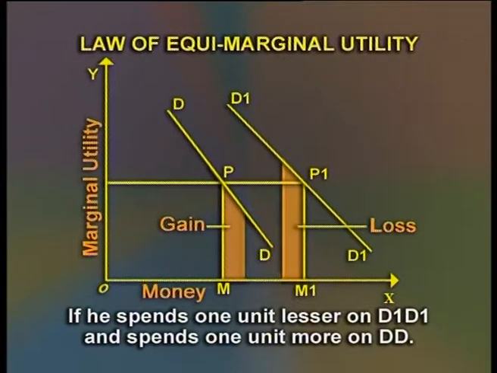So, if a consumer constantly tries to reallocate his expenditure, and during the course of re-expenditure he comes to a situation where the marginal utilities are equalized, then that will give him maximum utility, or total utility will be maximized at that point.